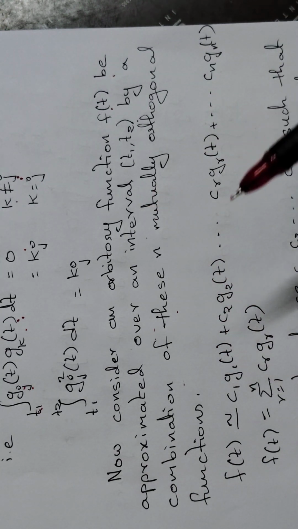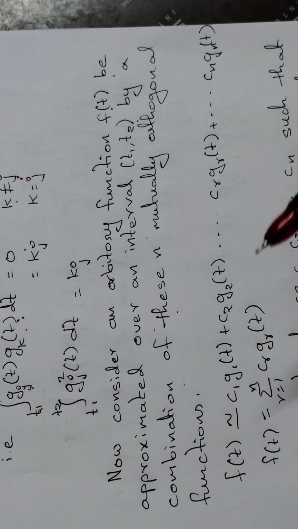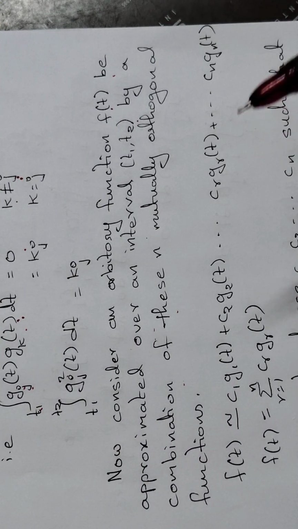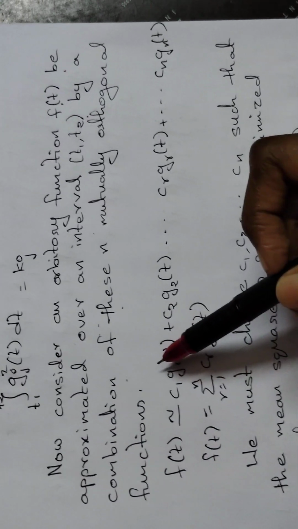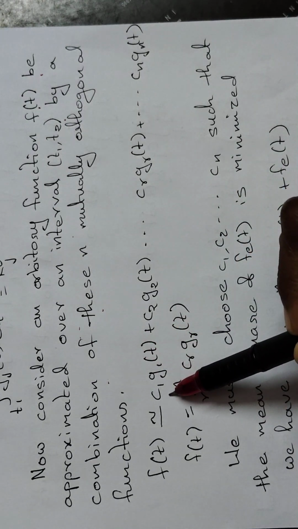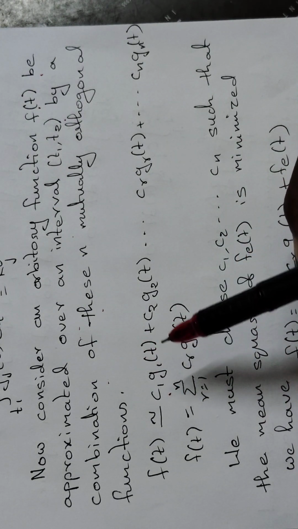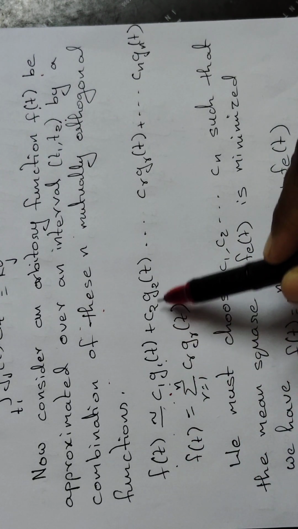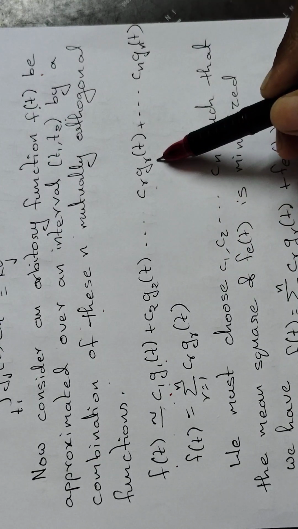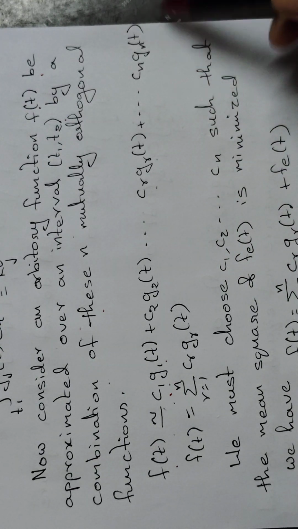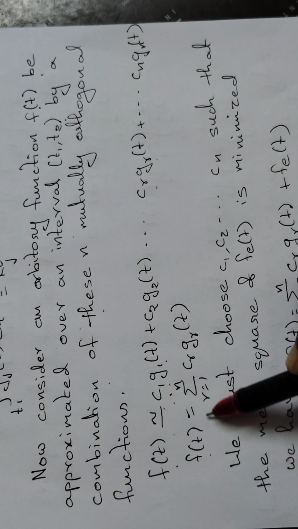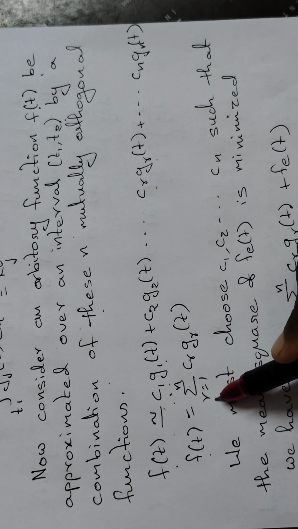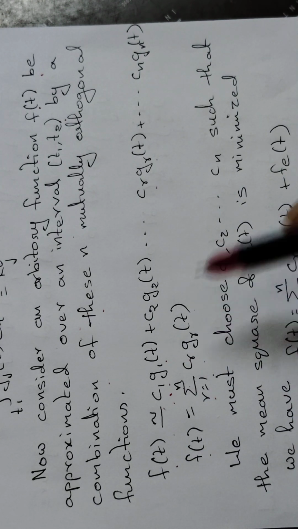Each term has a component value and a function. f of t is equal to c1 g1 of t plus c2 g2 of t and so on, up to cn gn of t. This complete series I write as summation r is equal to 1 to n of cr gr of t.